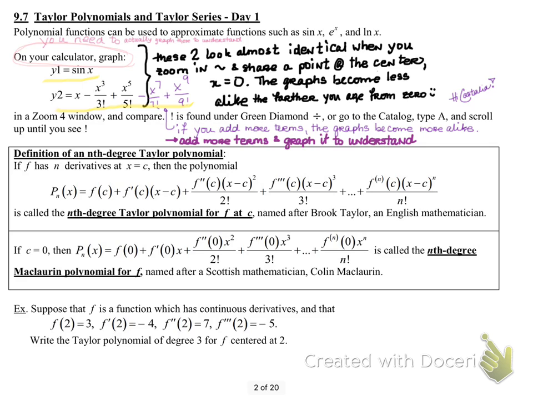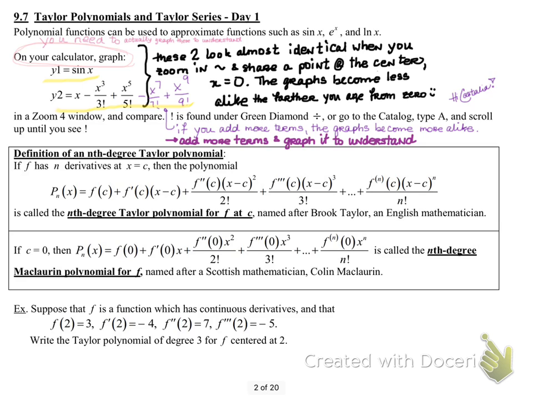What you need to understand right now is that you will be able to approximate values for functions that you were not able to integrate before, using these Taylor polynomials and Taylor series. So in this particular instance, it's not useful. It becomes useful later on.